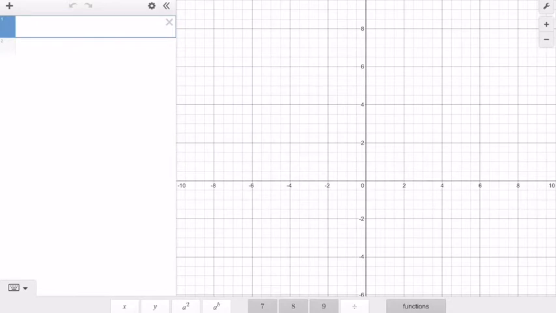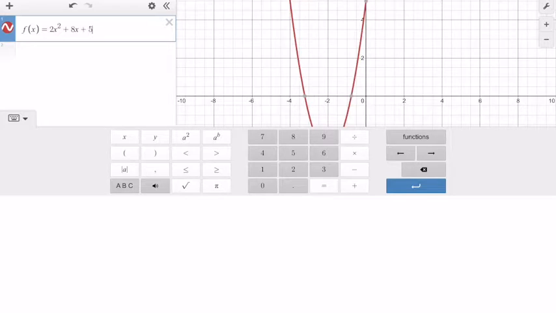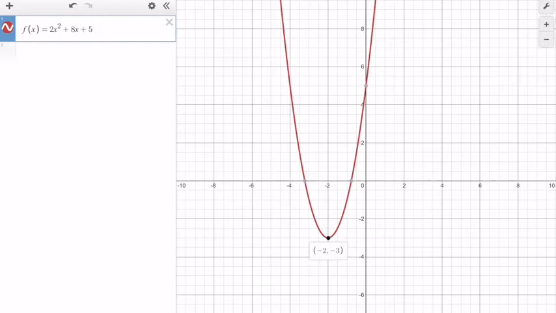So we go to our graphing calculator and I type in my function, f of x equals 2x squared plus 8x plus 5. Let's take a look at what this vertex looks like. So where's my vertex? My vertex is right here at x is negative 2, y is negative 3. That's the exact same vertex as we found using our formula. So we should feel pretty good that this is going to work for all of our quadratic functions.